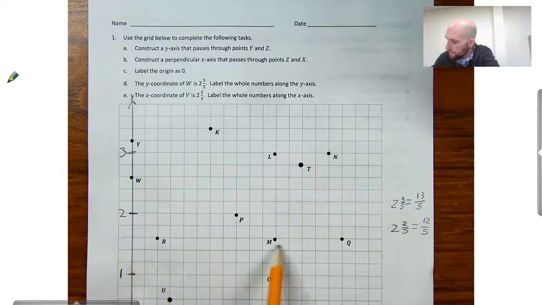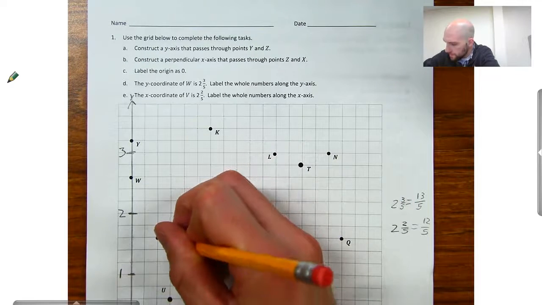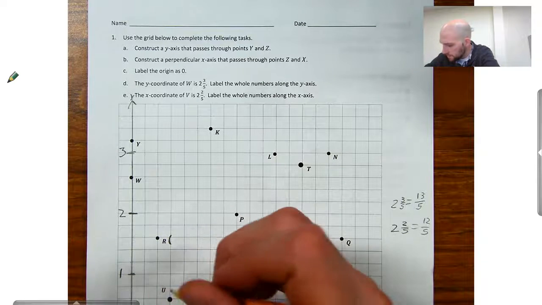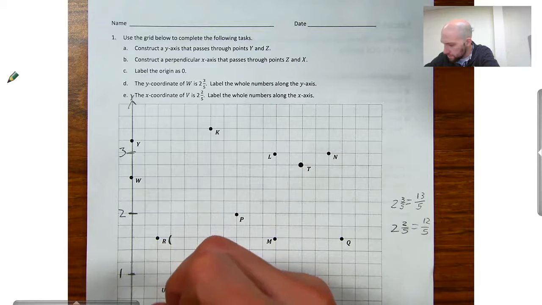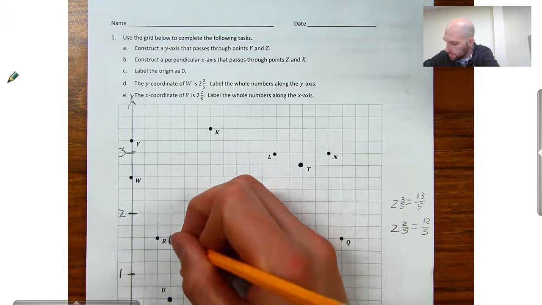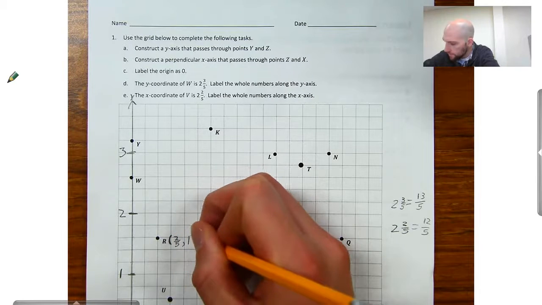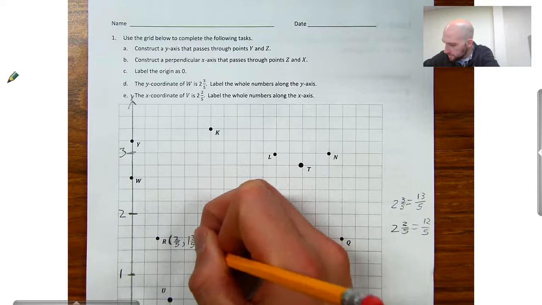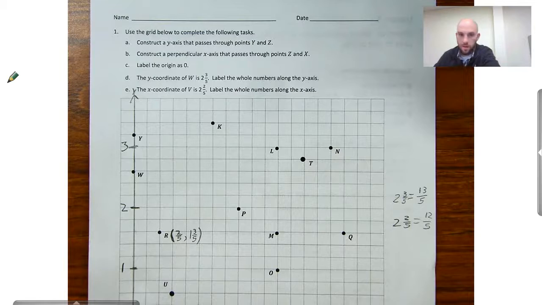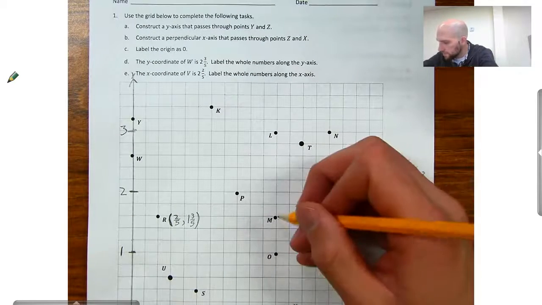We have R, M, and Q. And for R, we use parentheses here. And looks like R is going to be at 1, 2/5 and 1 3/5. 2/5, 1 3/5. And there's our set of coordinates. M is going to be, here's 2 plus another fifth is 2 1/5.